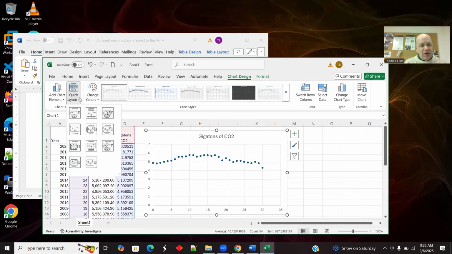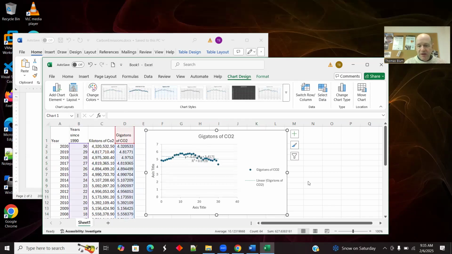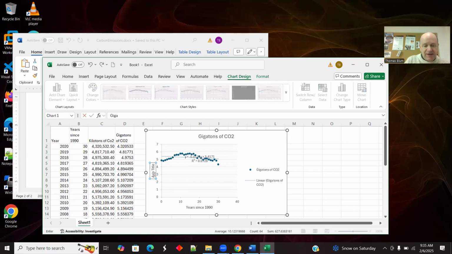And let's do, I like quick layout number 9. This x-axis was years since 1990. This axis was, let's say, carbon emissions in gigatons.